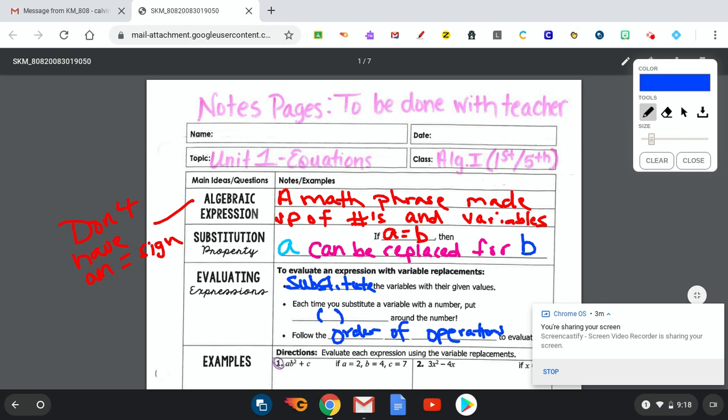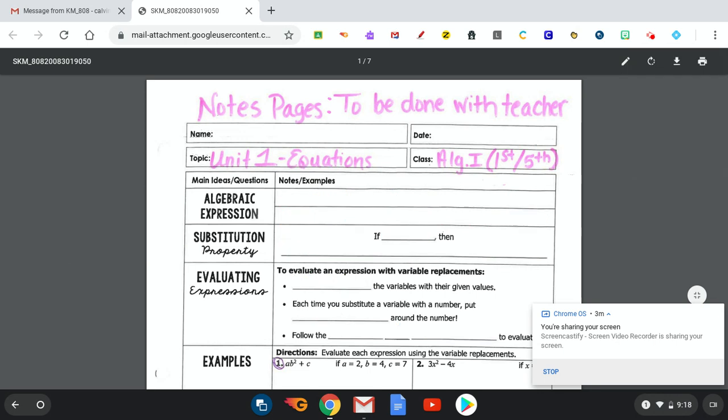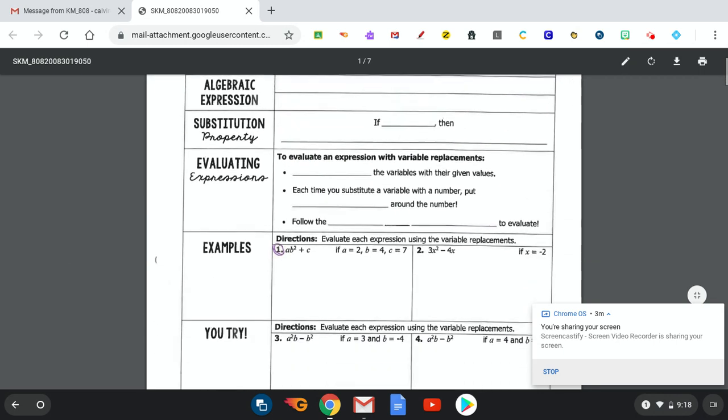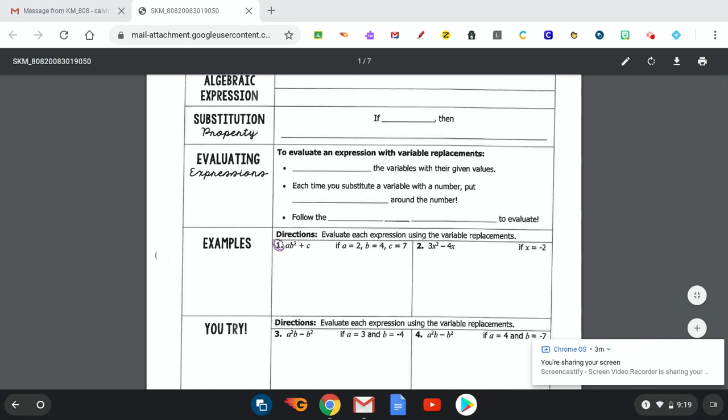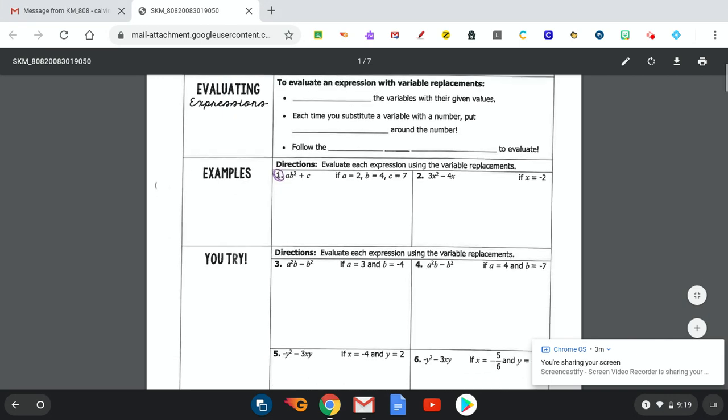So knowing that you substitute, knowing that you put parentheses around it, and then follow the order of operations to find the answer, those things are going to be very important. All right. So what we're going to do now is go down here and look at some examples.